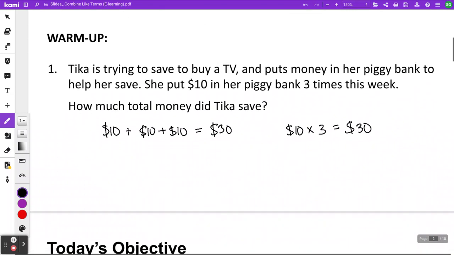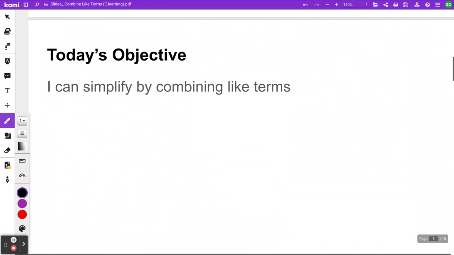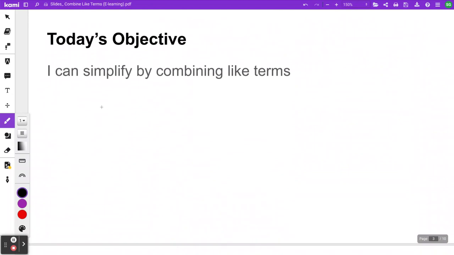Our goal for this lesson is the following. We are going to talk about how we can simplify by combining like terms. We have heard this word simplify a lot in math. We've talked about simplifying fractions sometimes, simplifying ratios, and now we're moving on to this idea of simplifying an expression.